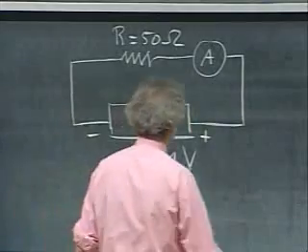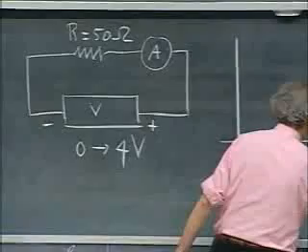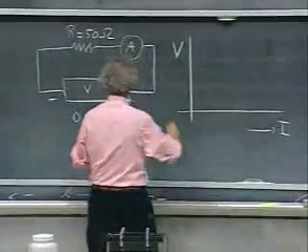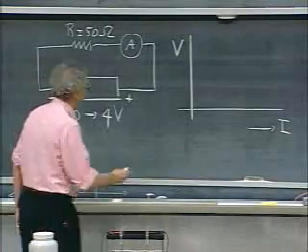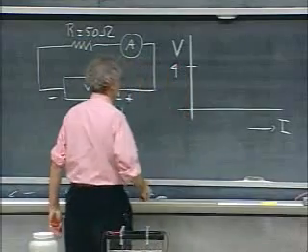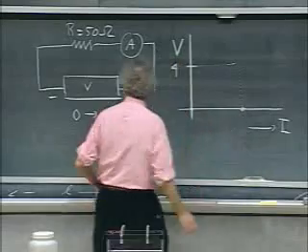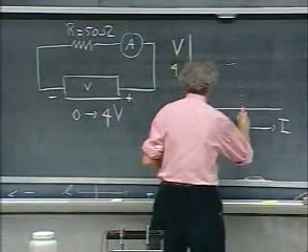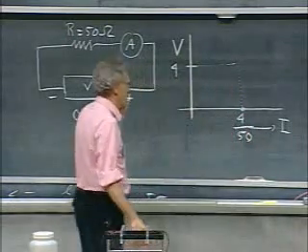And I'm going to show you on an oscilloscope. We've never discussed an oscilloscope, but maybe we will in the future. I'm going to show you there projected the voltage, which goes from 0 to 4, versus the current. And so it will start here, and by the time we reach 4 volts, we would have reached a current of 4 divided by 50. According to Ohm's law, that is 0.08 amperes.